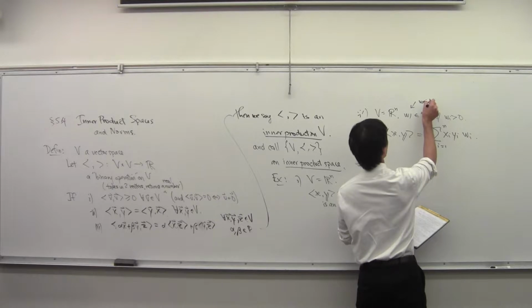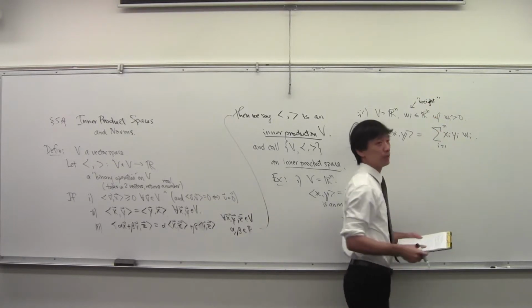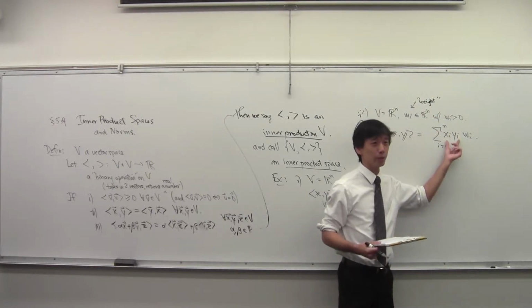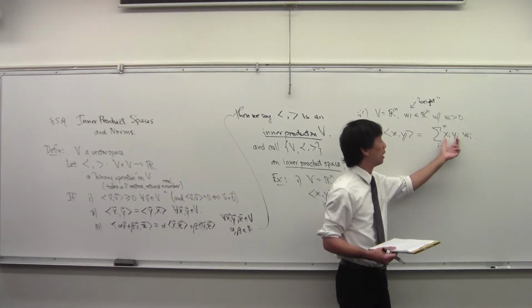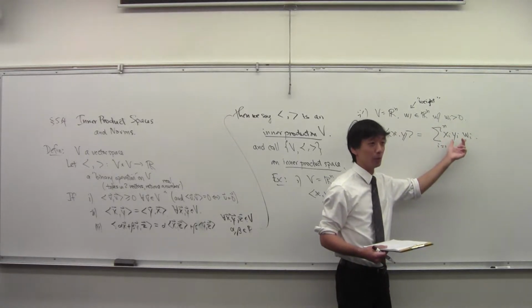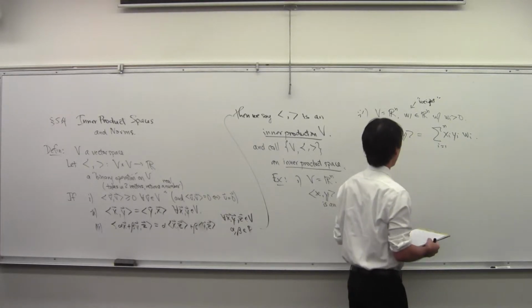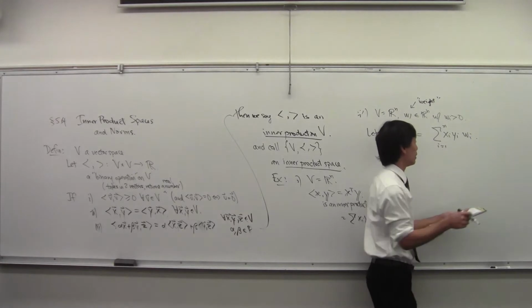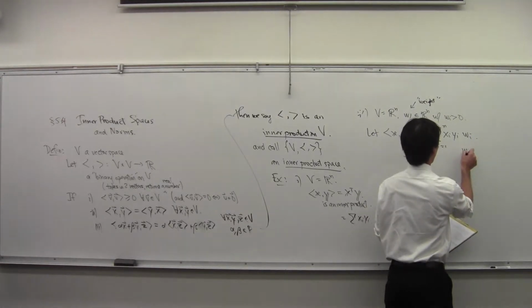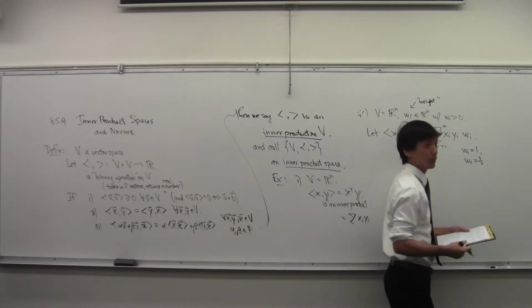You don't have to know that, but you weight the entries by certain values. Maybe W1 is 1, and W2 is a half, or something like that.